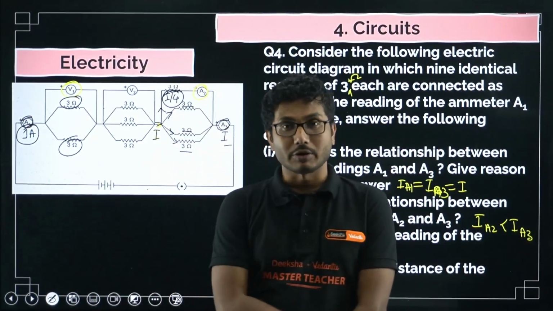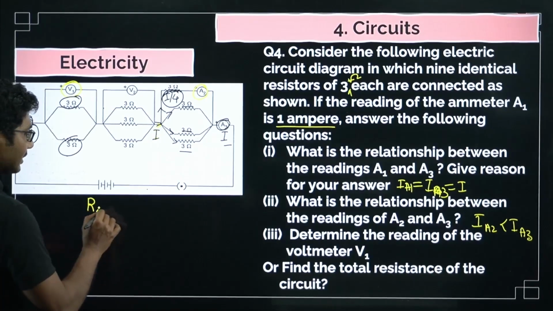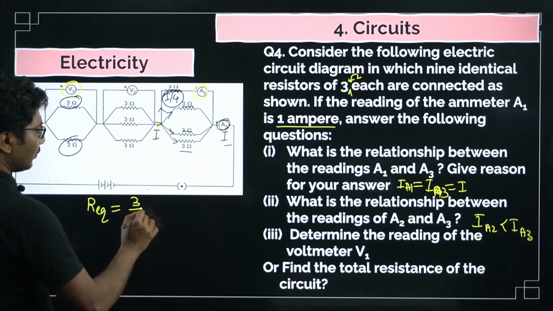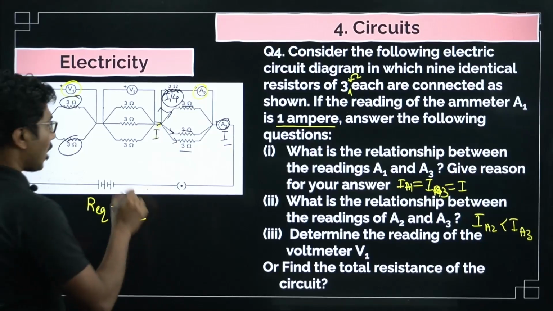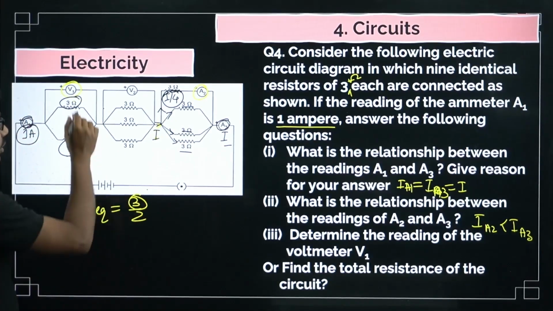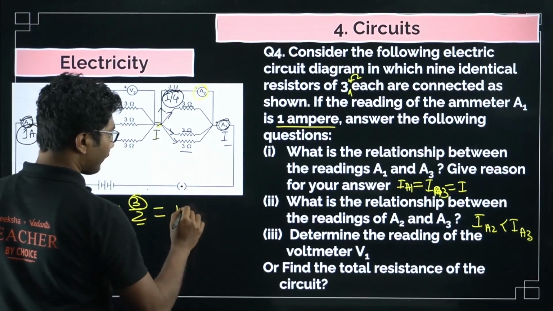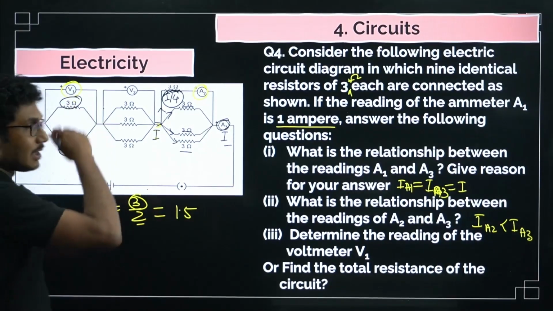I taught you a shortcut trick if you are watching my videos, that the equivalent resistance in this case will be 3 by 2. Parallel and equal, how many? 2 of them. What is the value of 1? 1 value is 3. How many are there? 2 of them, so divided by 2. So 1.5 is the resistance of this combination.